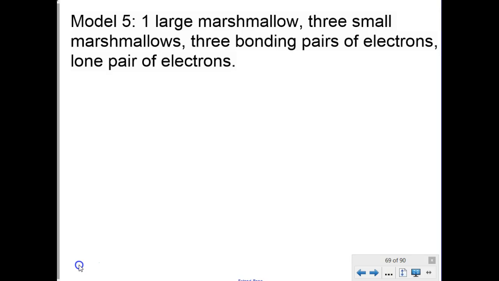So 3 small marshmallows, 3 toothpicks that are connected. 1 toothpick does not have a marshmallow. It's basically the same as what you did the last time, but take one of those marshmallows off.